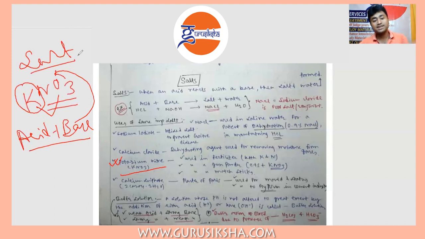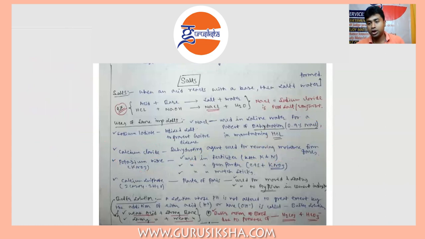So what are the uses of this potassium nitrate salt? Definitely, it is a very essential and very effective salt. Number one, it is used in fertilizer, both K and N. We basically use fertilizer on land for any kind of vegetables, so that they grow properly.